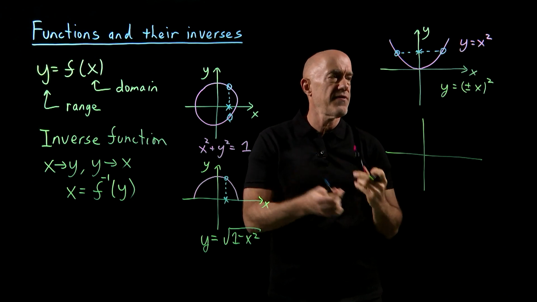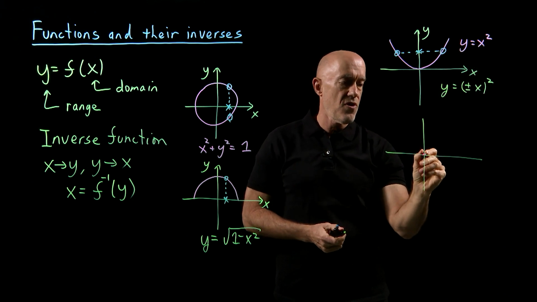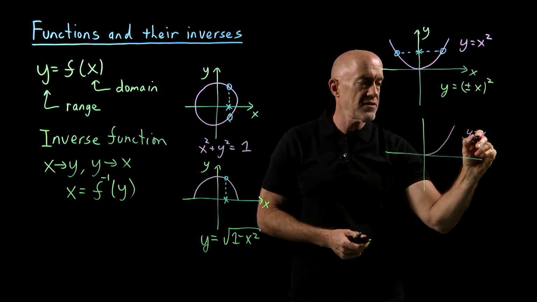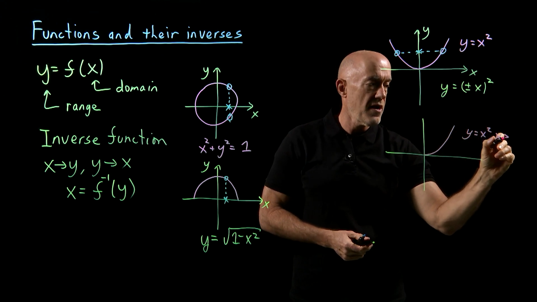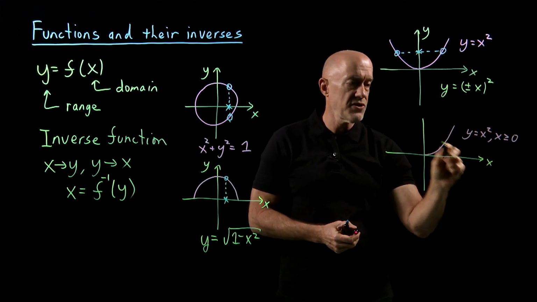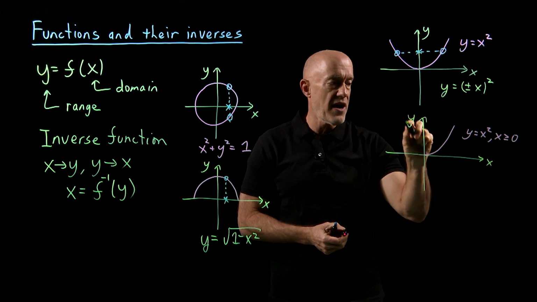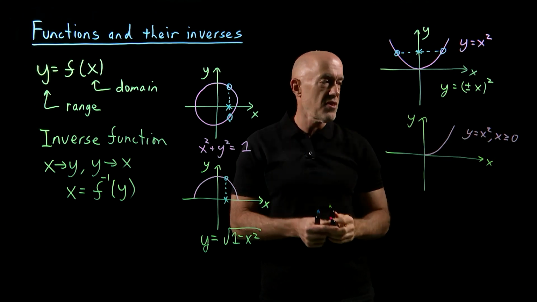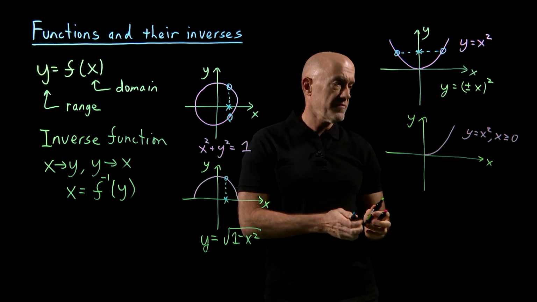So instead of y equals x squared for all x, we can consider y equals x squared for non-negative x. And then this function here would satisfy the vertical and the horizontal line test.